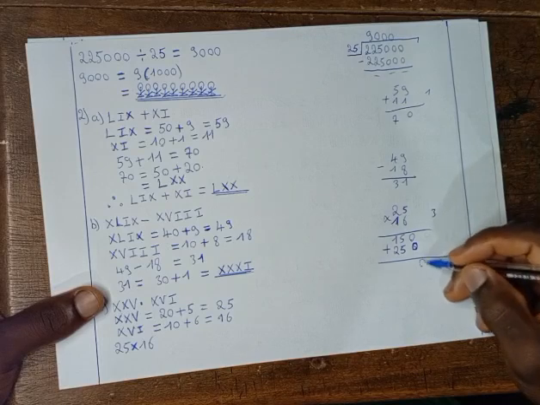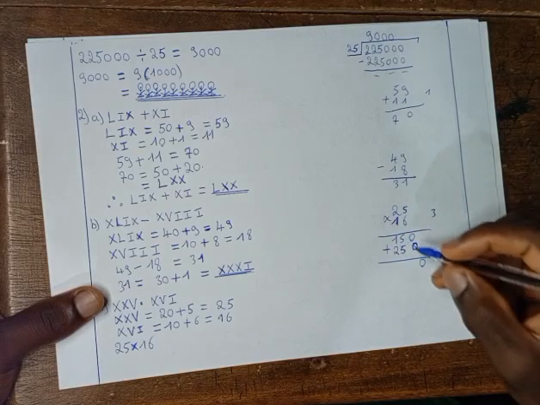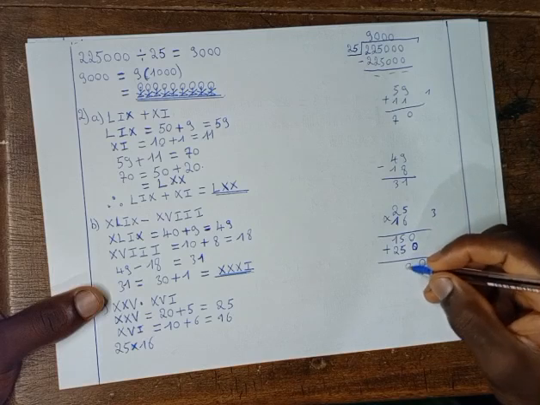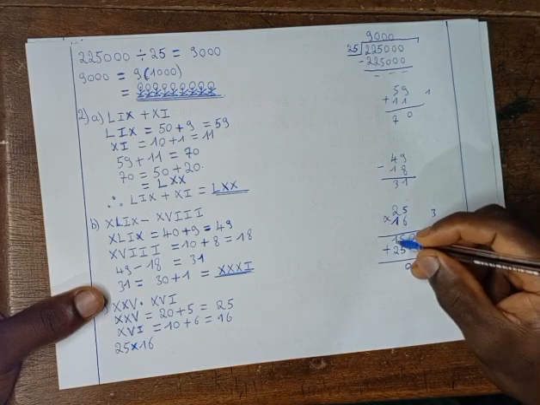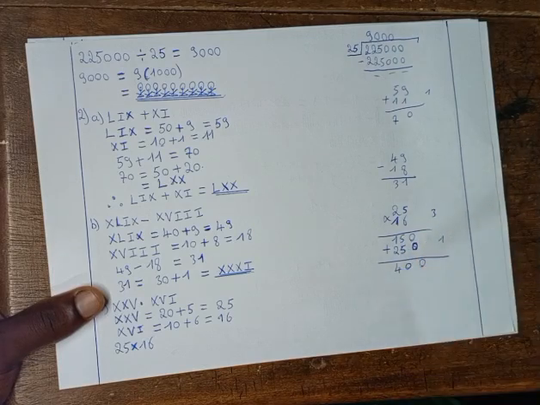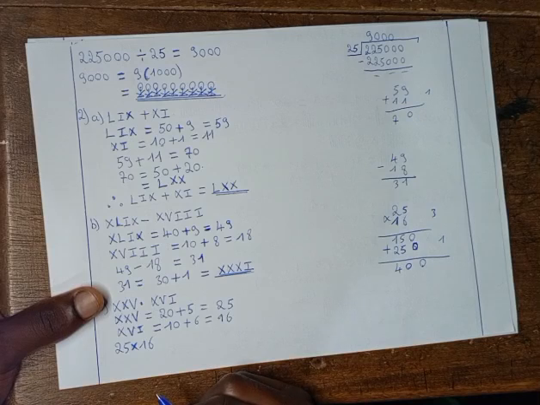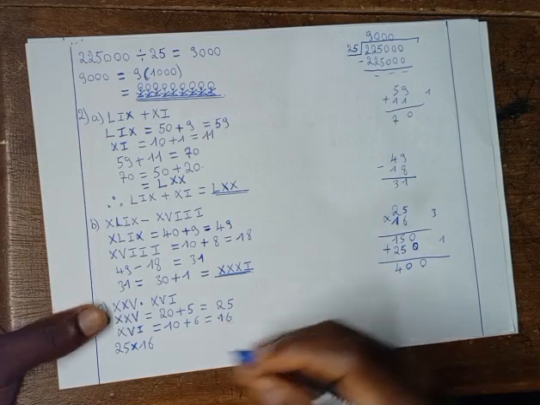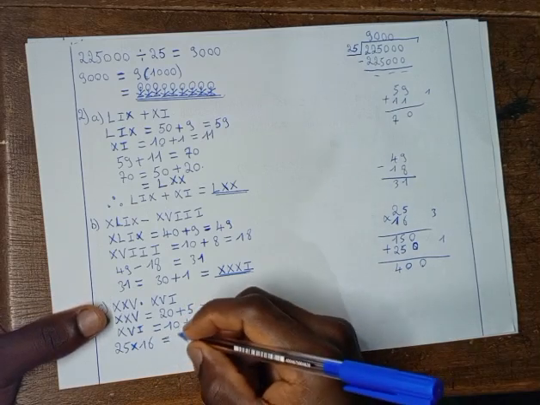This will give us 0. This will give us 10. Carry 1. 3 plus 1 we carry gives us 4, so 400. So this will simply be equal to 400.